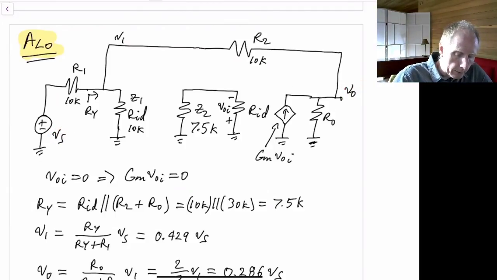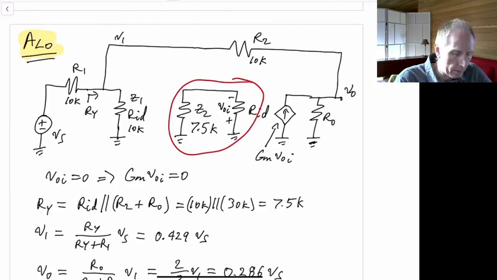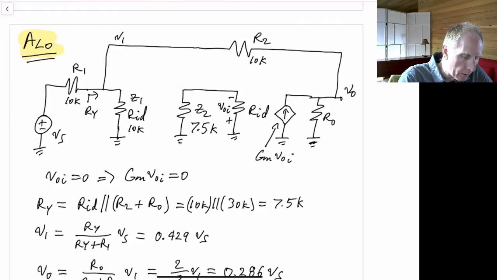Well, we can start off and notice that in this part of the circuit here, there's no signal. So we have basically VOI, but there's nothing driving this. So VOI will just be 0.